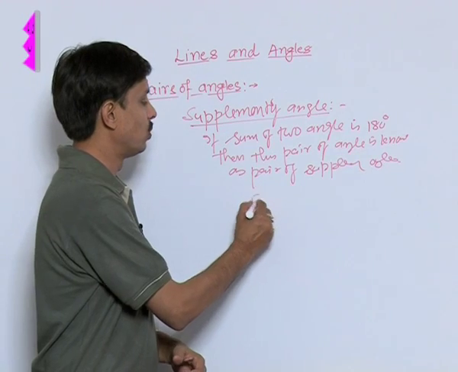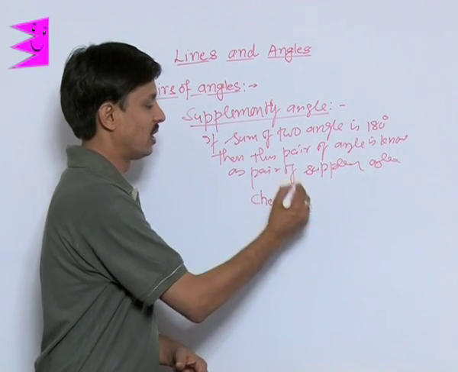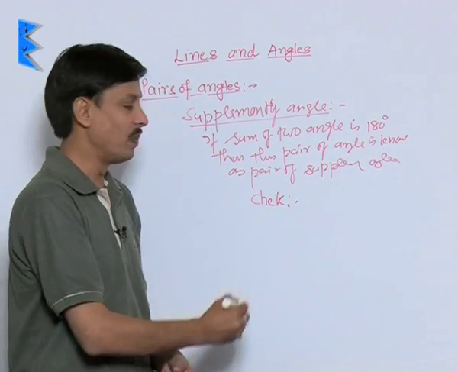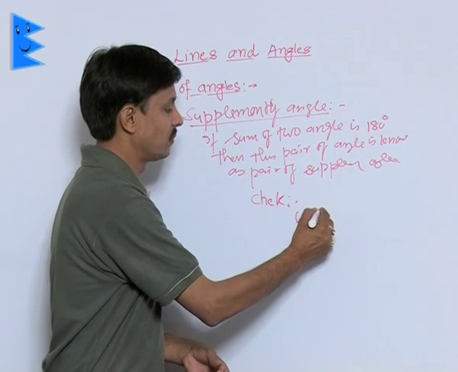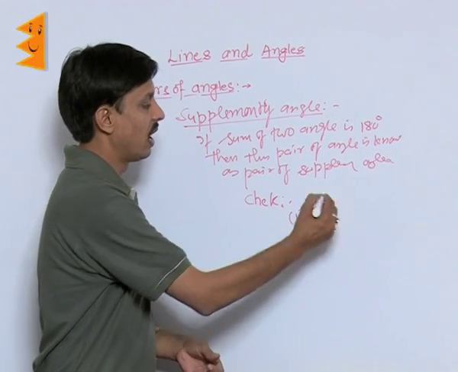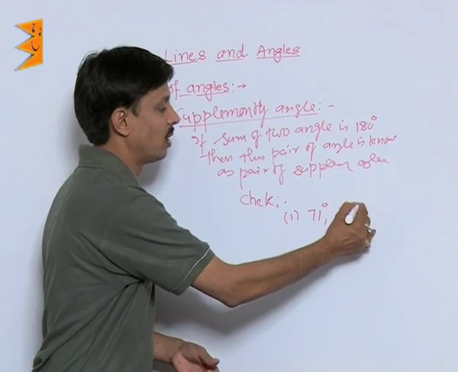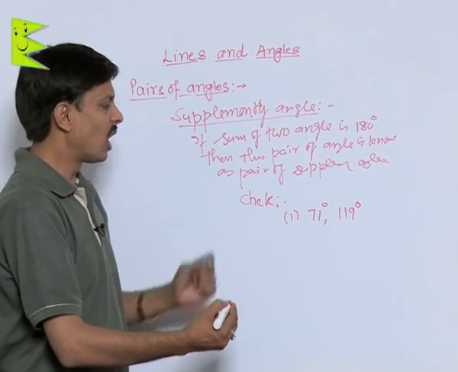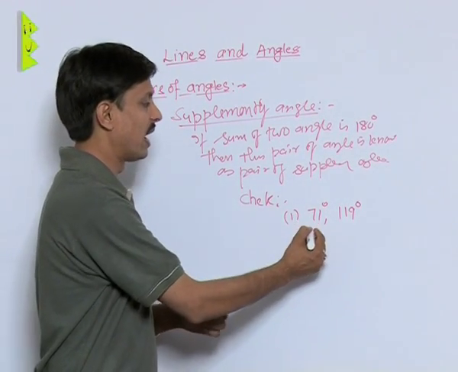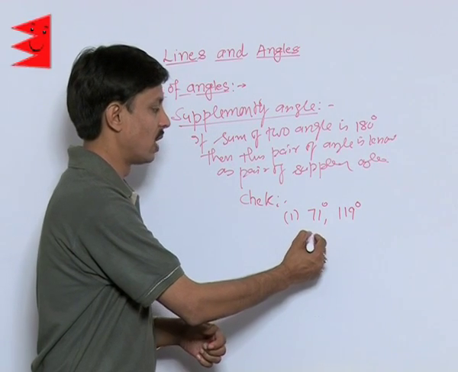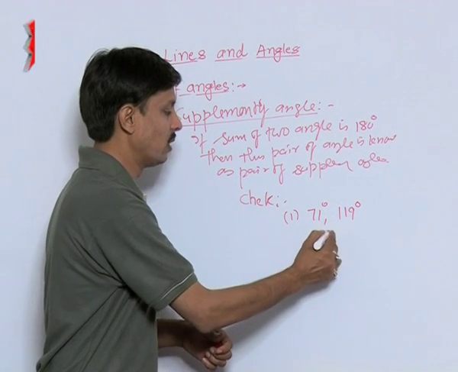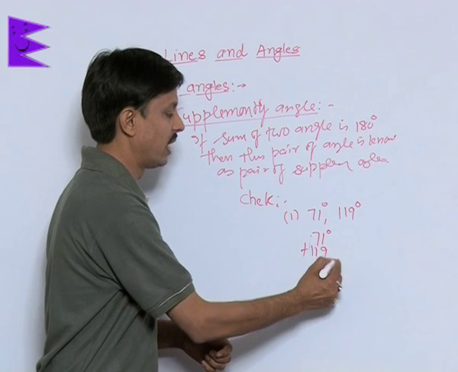Suppose I want to ask you to check whether the given pairs are supplementary or not. First is 71 degree and another is 119 degree. So I want to check this pair. I add 71 degree plus 119 degree.